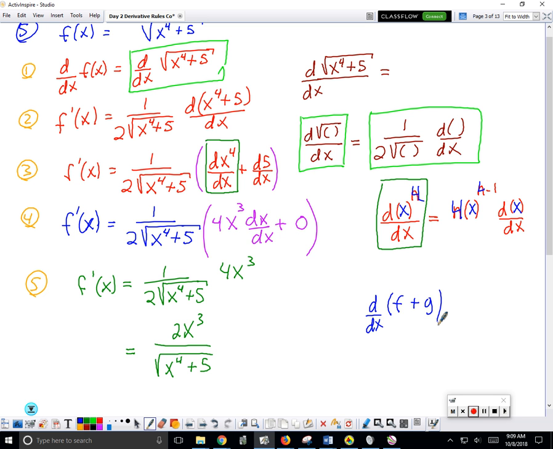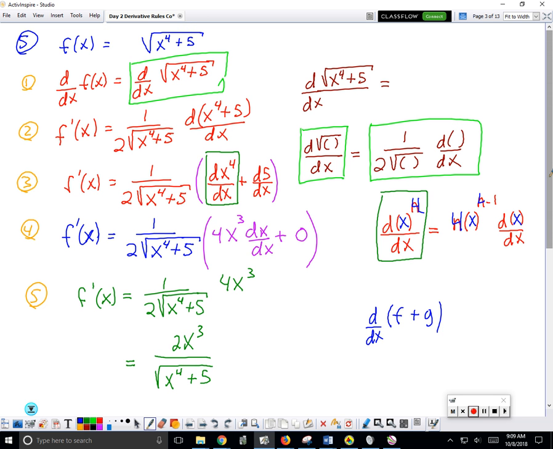Keep in mind the f here is not this f. It's just a temporary symbol for the rule. This is equivalent to, basically instead of trying to take the derivative of two things together, you may split them and take the two derivatives separately. So this becomes d dx of just f plus d dx of just g.